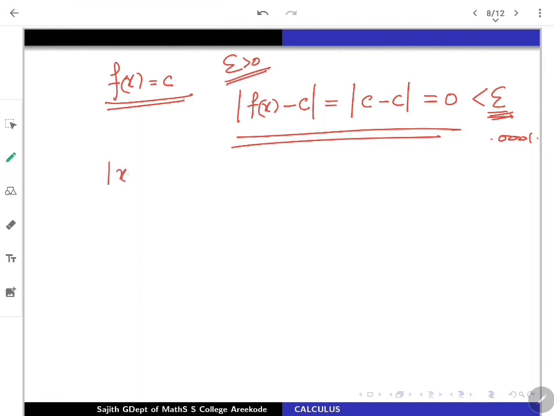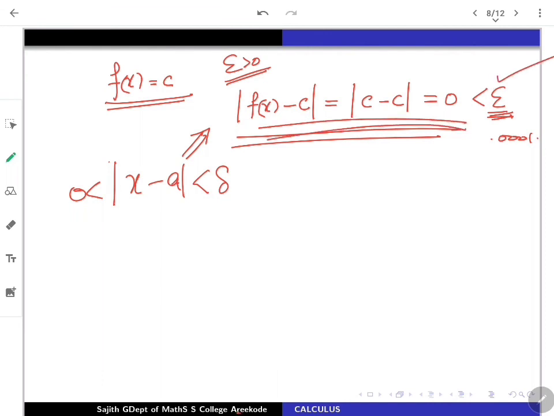What you actually intend to do is make modulus of x minus a less than some delta, usually depending on epsilon, and this has to give the inequality. But this inequality is always true for any epsilon. You don't have to look for a particular delta. You can take any delta: 1, 3 or 0.1, whatever it may be, this side is always true. So it is very easy to do for a constant function.